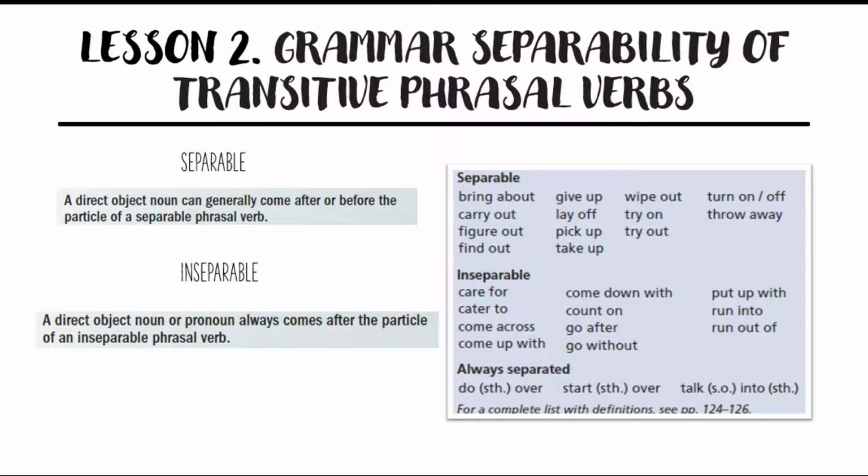And we'll see that in this part we have two options to write the direct object, in the middle of this phrasal verb or at the end. And in the inseparable case, we always have to put the direct object at the end of the phrasal verb. And those are these examples: care for, cater up to, come across, come up with, and another.